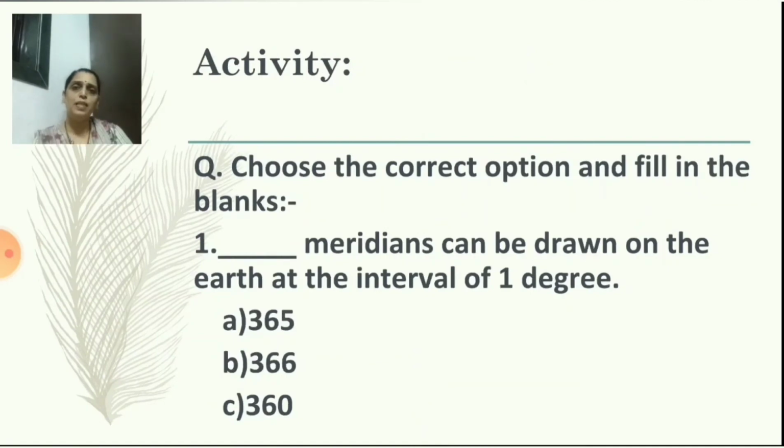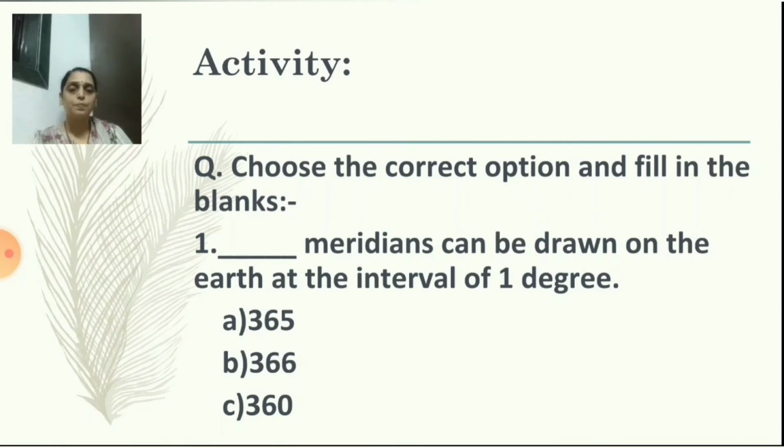Students, now we will start the activity. Choose the correct option and fill in the blanks. You have to just choose the correct option and tick the right option. First, dash meridians can be drawn on the earth at the interval of 1 degree.